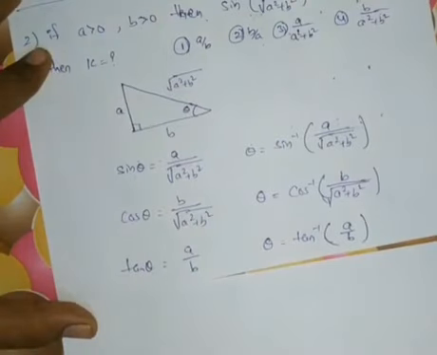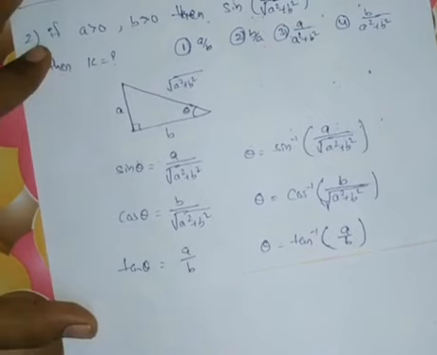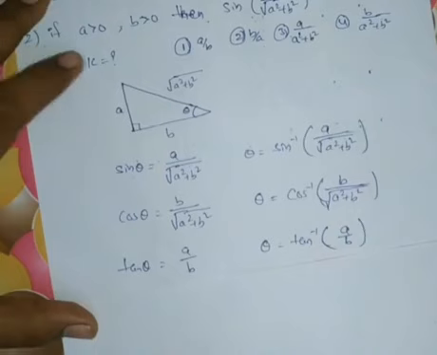So sin theta is equal to opposite side by hypotenuse, a by under root a square plus b square. Cos theta is adjacent side by hypotenuse, adjacent side is b and hypotenuse is under root a square plus b square.